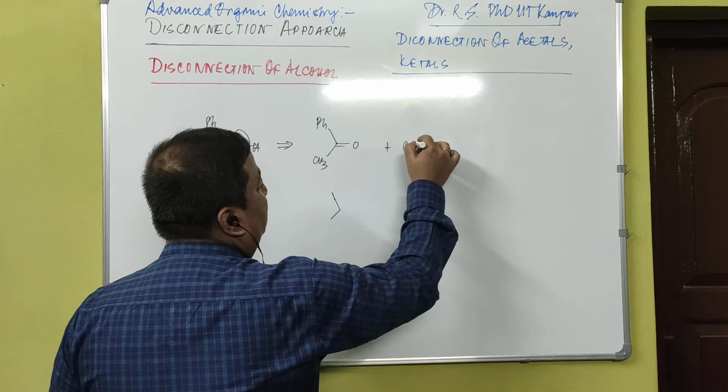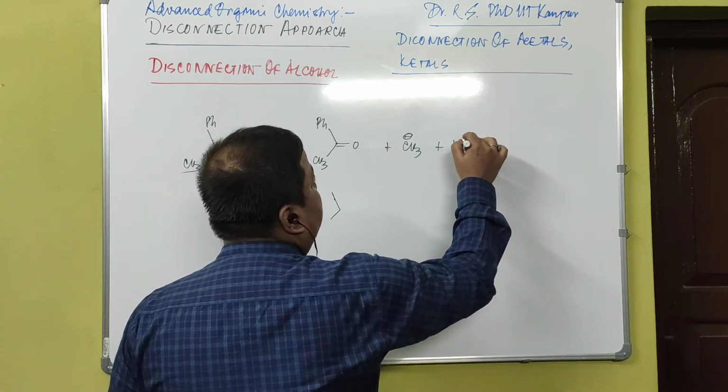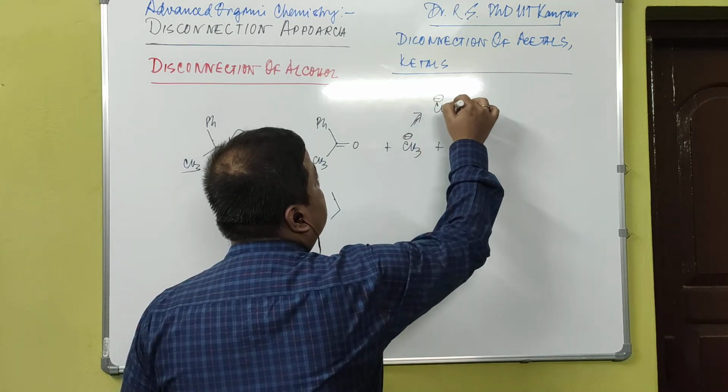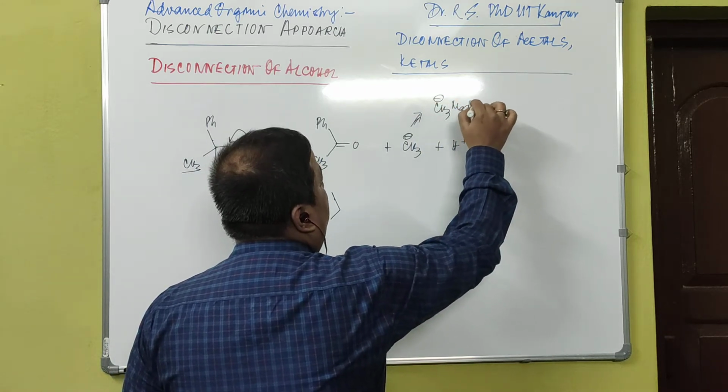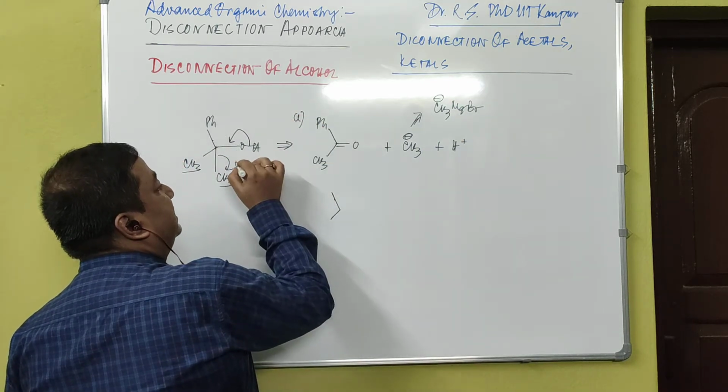So here my synthon will be CH3 minus H plus, and the reagent for this synthon will be CH3 minus MgBr. Okay, so that is pathway, say A.